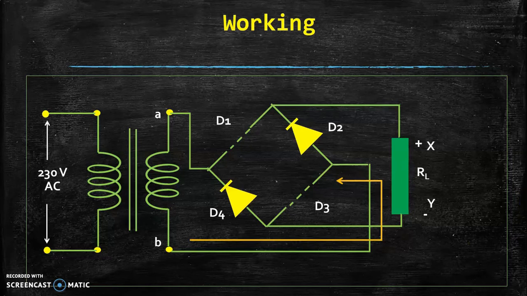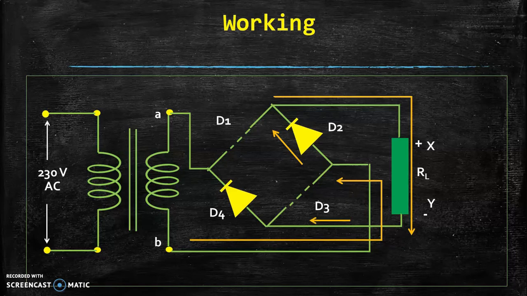D2 and D4 both are forward biased, so the current passes through D2 from anode to cathode. Then it travels from point X to point Y, that is positive terminal to negative terminal, through the load resistance.